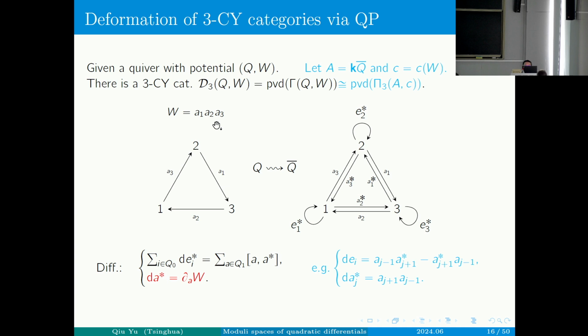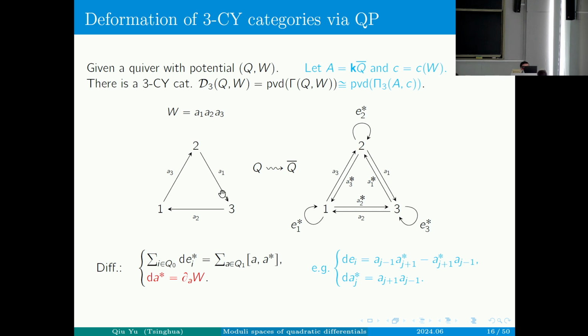And the procedure to produce the Calabi-Yau category is that you want to double the quiver. So you have a symmetry which corresponds to the Calabi-Yau property in the category, basically meaning that between any 2 objects, if you have a hom from X to Y, or from 1 to 2, you should have another hom from 2 to 1 with some shift. So this is why you have this double arrow construction. And the potential tells you how to define the differential of this path algebra associated with this graded quiver.